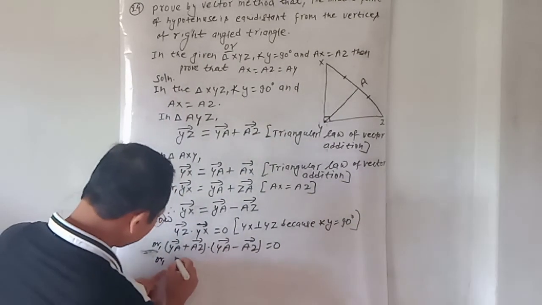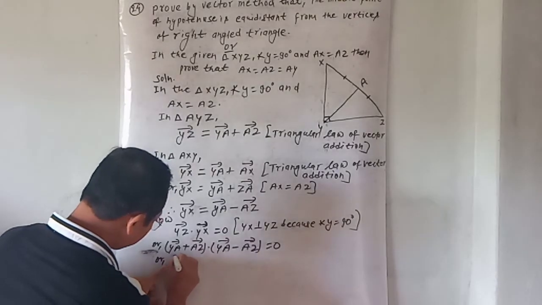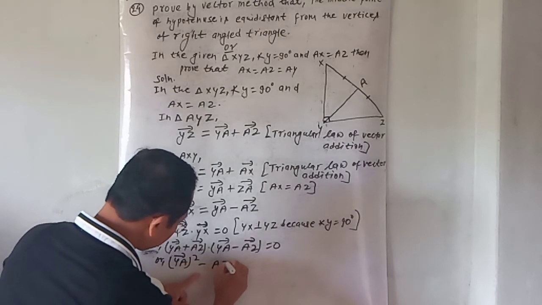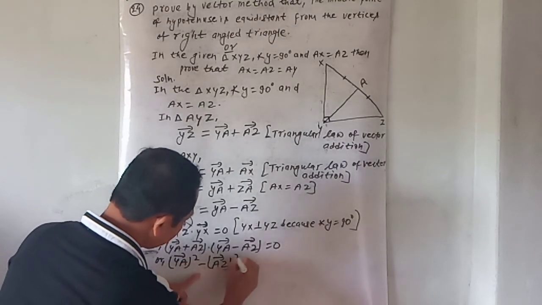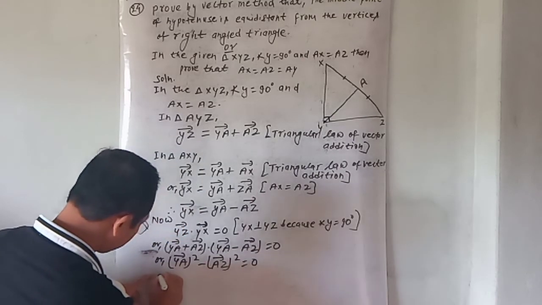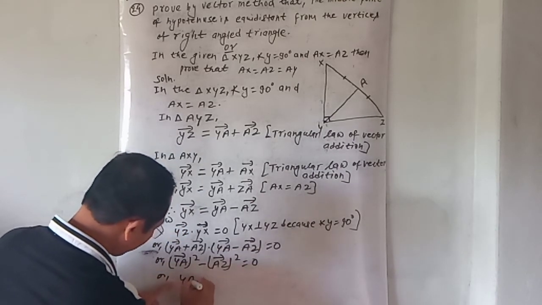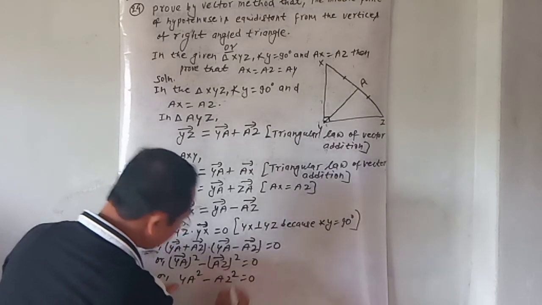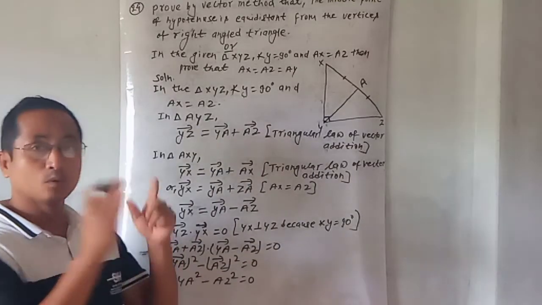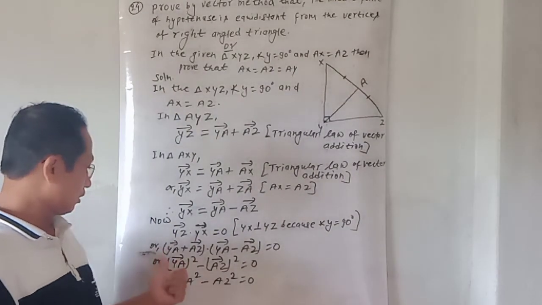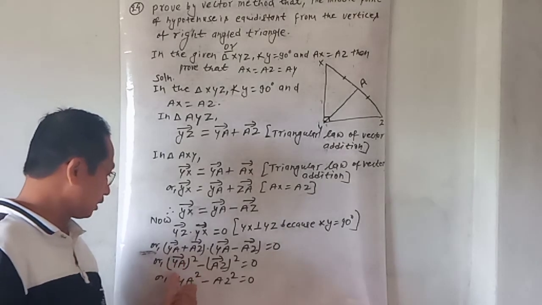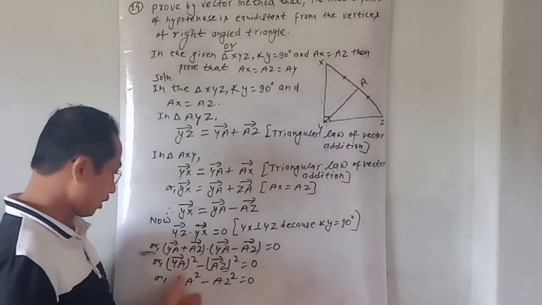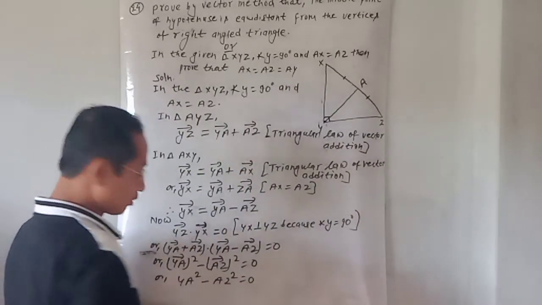That's why we can write here vector YA of whole square minus vector AZ of whole square is equal to 0, or YA square minus AZ square is equal to 0. The vector symbol we have to remove, then YA square minus AZ square equal to 0.